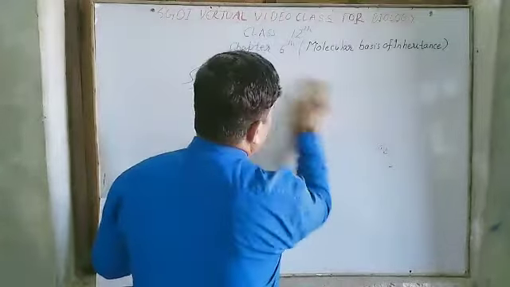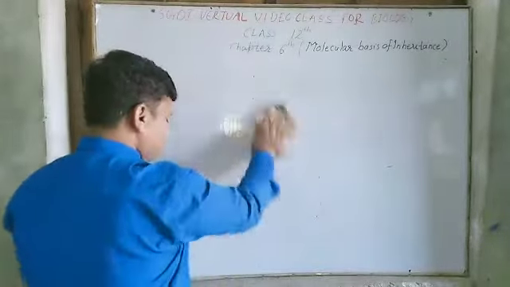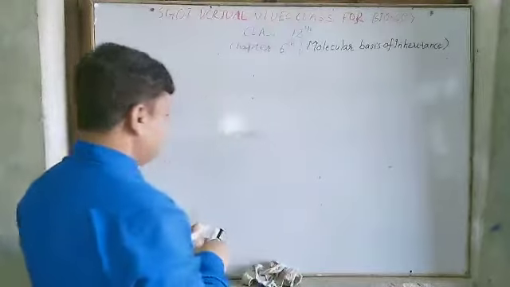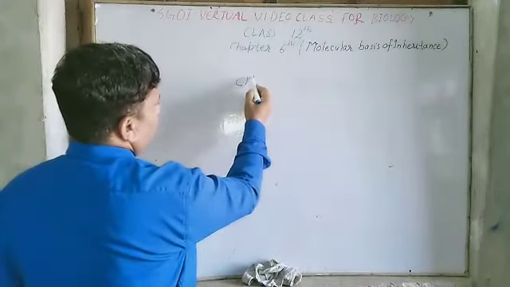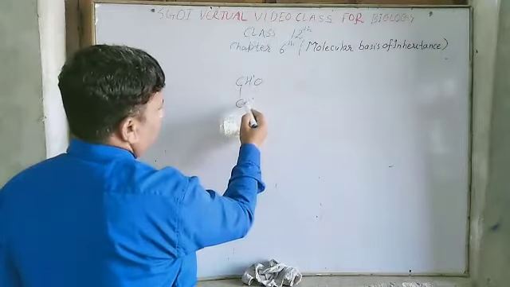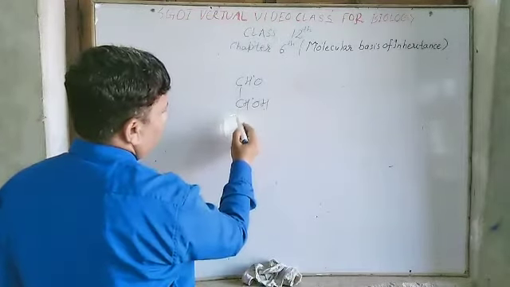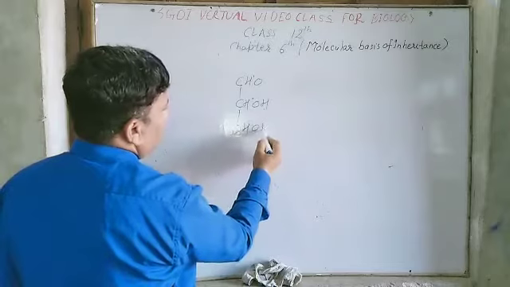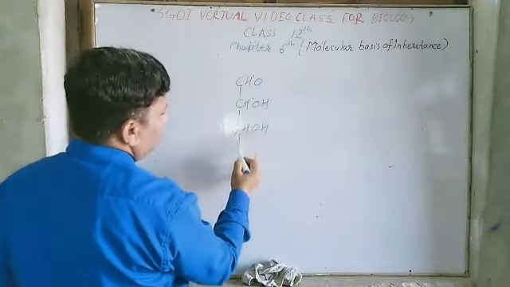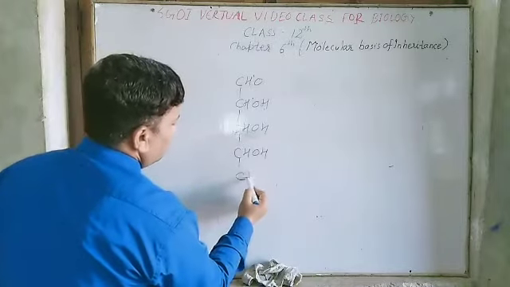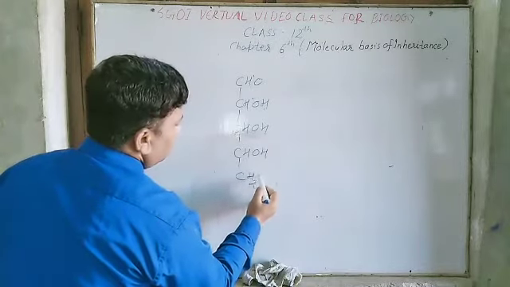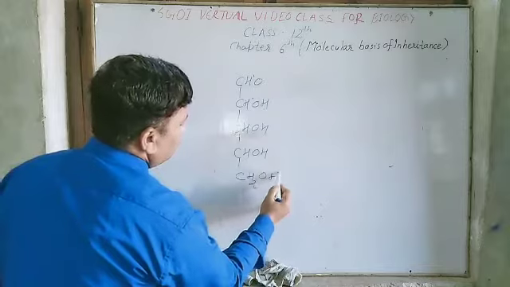So to understand the structure of ribose sugar, CHO, CHOH, CHOH, CHOH, CH2OH.